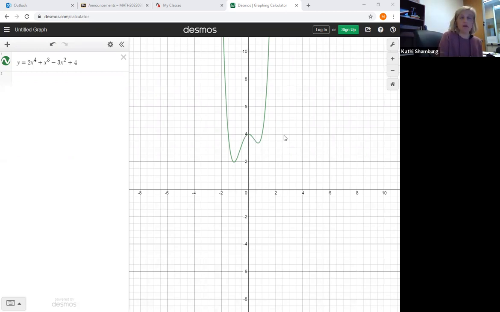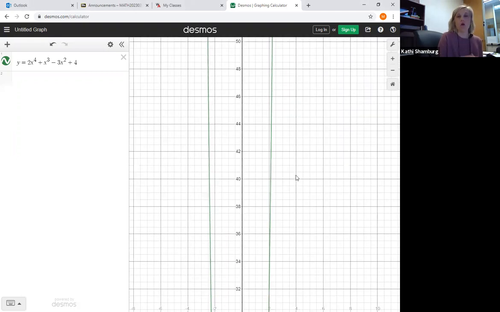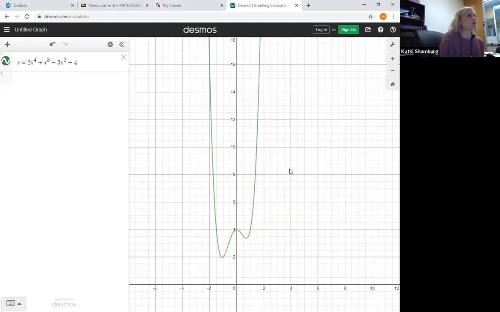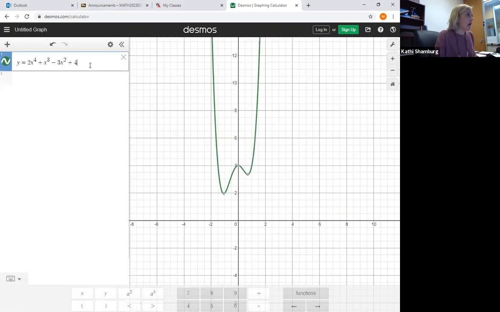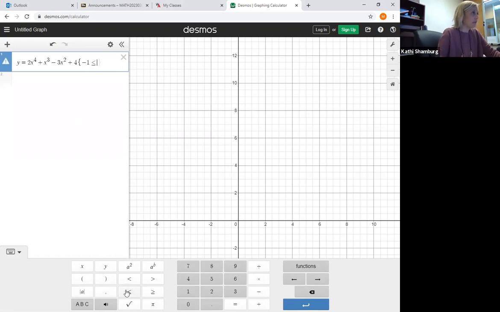It's like, of the whole graph, what is the largest output? And this would go on and on and on, and it would be infinity, right? So in order to find absolute extrema, you must have a restriction on your domain called endpoints.